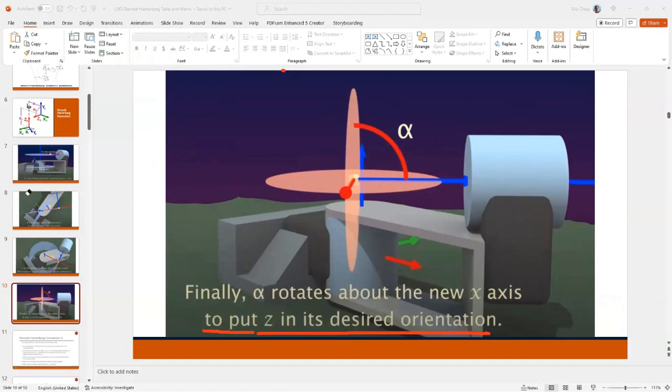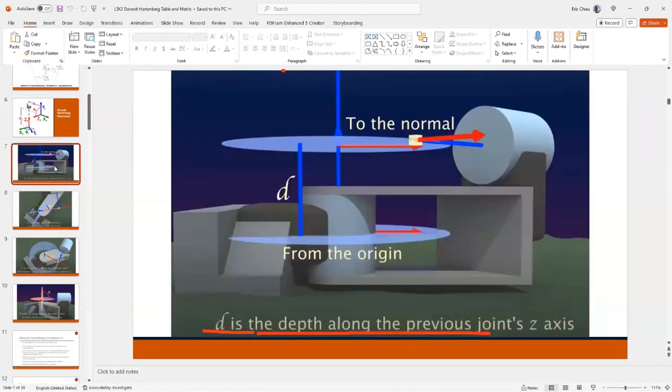So what is D? D is how much displacement you have. Your rotation is on the base, but you may have a distance from the base to the real next angle, to the top.